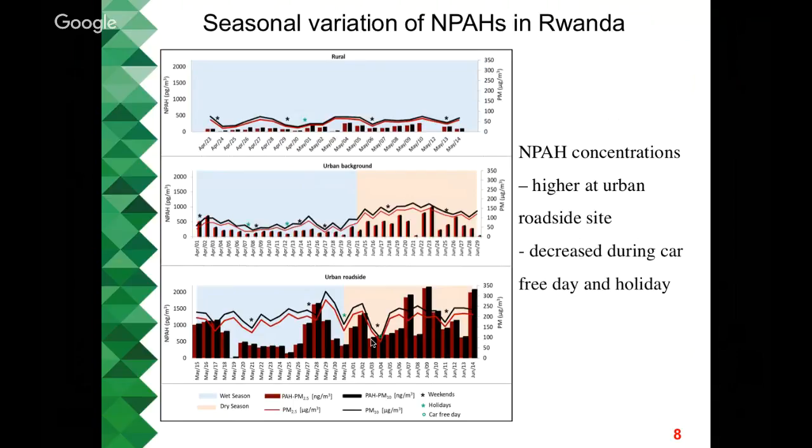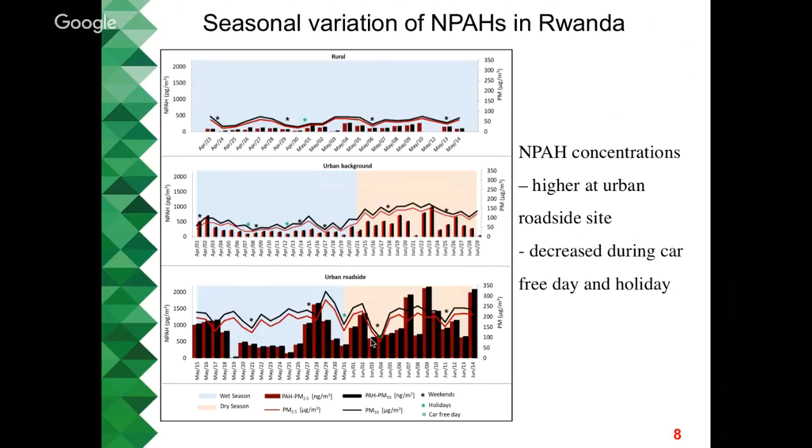I recently wrote a report to the government showing the significance of the car-free day, and the government has said, okay, how about having the car-free day not only once a month, maybe every 2 weeks, and apply it to the entire country, because it was only in the capital city. So now they are having a car-free day twice a month, and it's happening in the whole country. That was also a positive from this research.